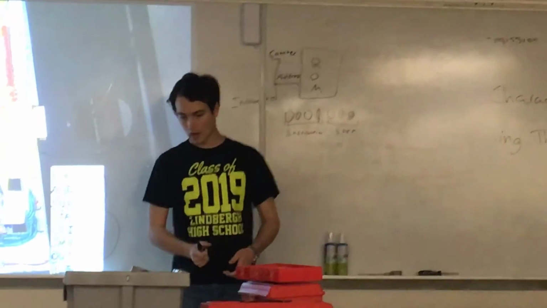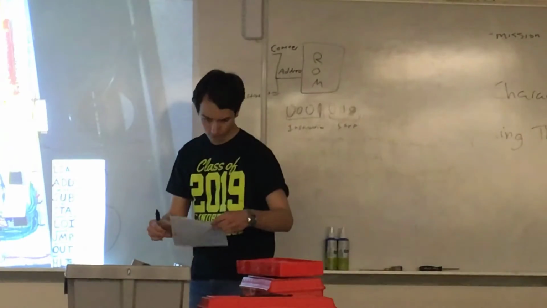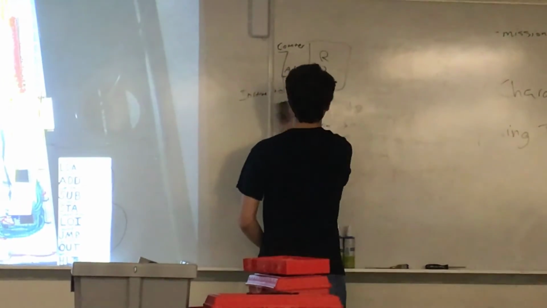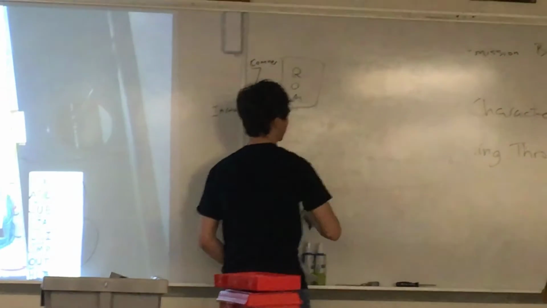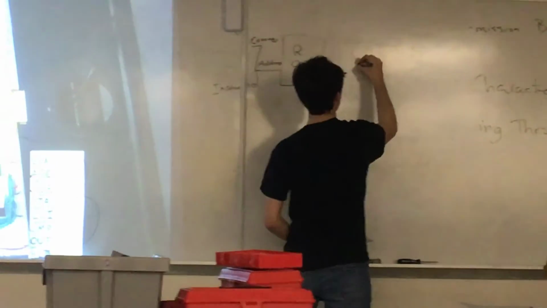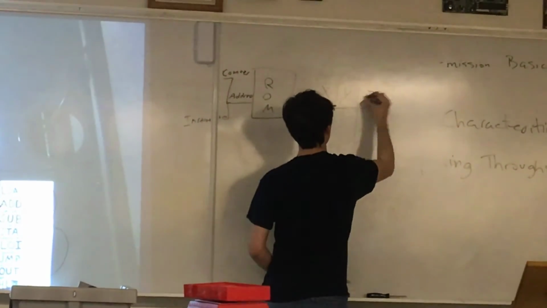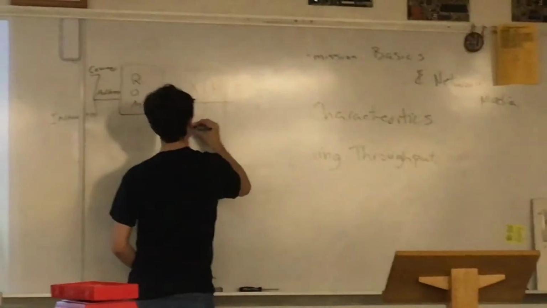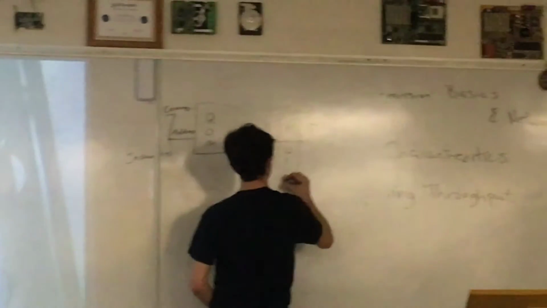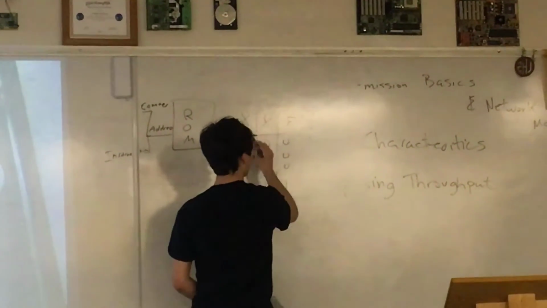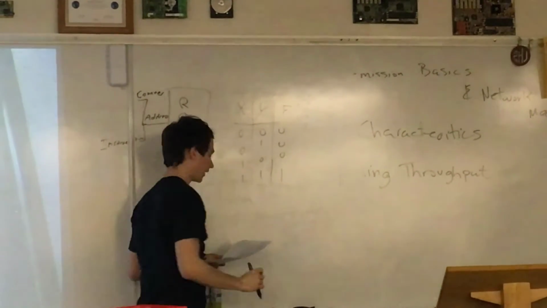So the way you would actually program this is with the truth table. You'll remember the truth tables that I did yesterday with the basic logic gates. You have 2 inputs, and then you have an output. So you would have the inputs, and then you would have an output.